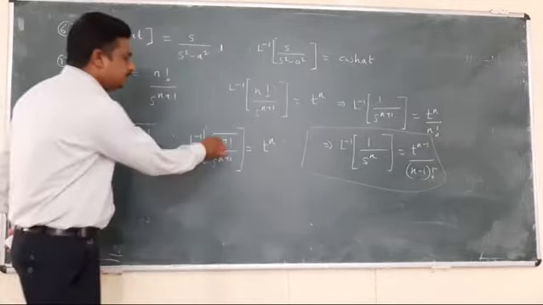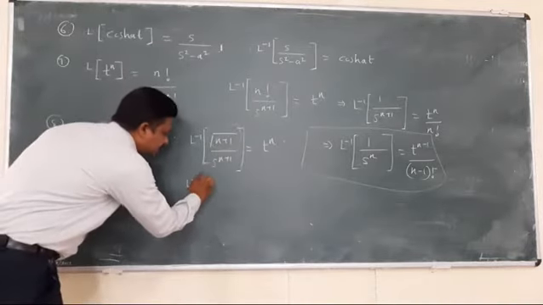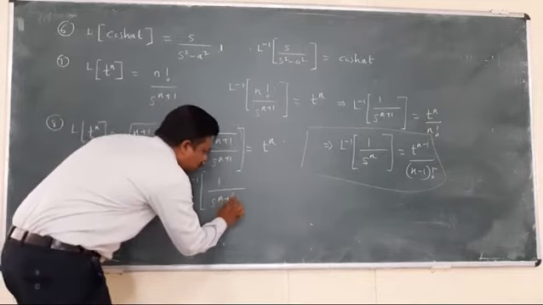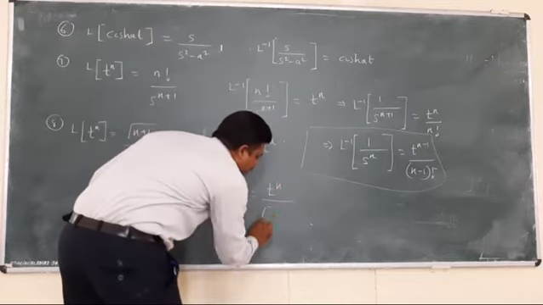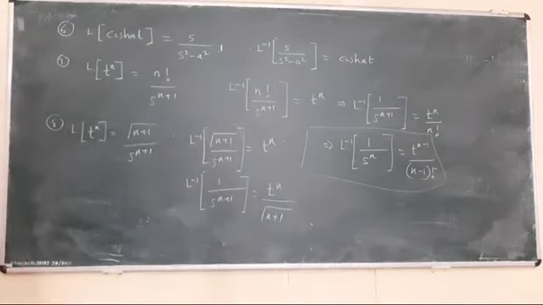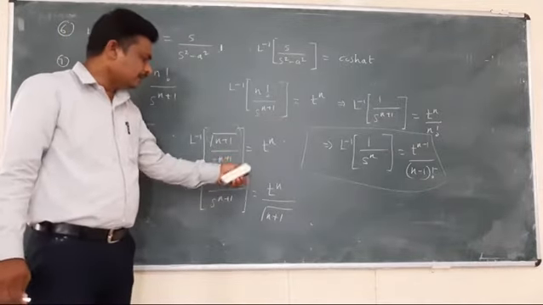Here again gamma of n plus 1 is constant. So I will write L inverse of 1 upon s raised to n plus 1 is equal to t raised to n upon gamma of n plus 1.